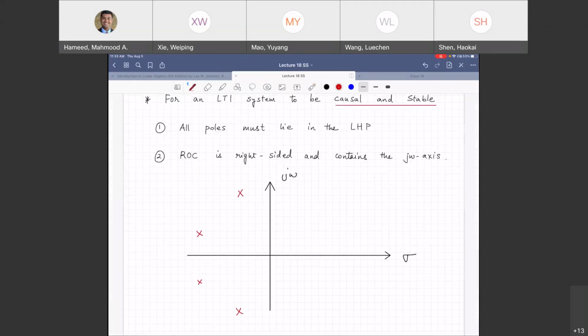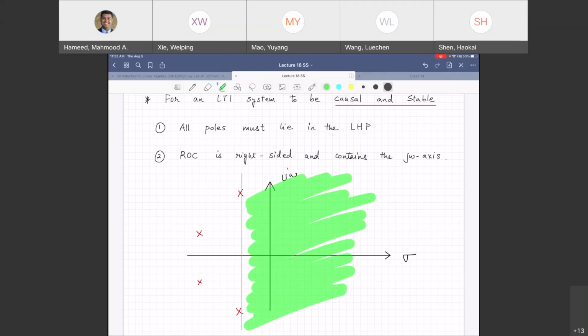If I consider that to be causal, then I have a right-sided signal for which the region of convergence is going to be to the right of the rightmost pole. So I'm just going to draw a straight line right here. And then I'm going to sketch the region of convergence. It is going to include the j omega axis, right? For causal and stable, you will have an ROC that will include the j omega axis.